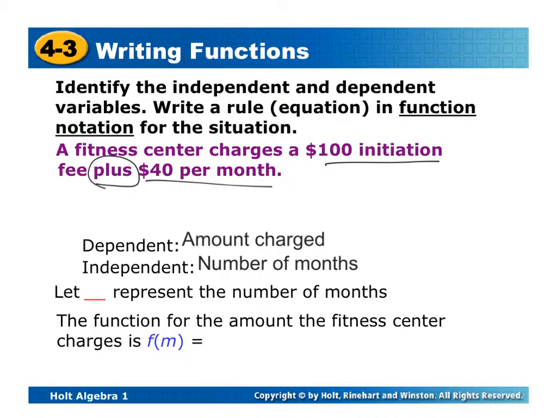Okay, so now I'm going to pick m to represent the number of months. So the function for the amount the fitness center charges, f of m, is equal to the $100 that they just pay once plus the $40 per month, so times m.